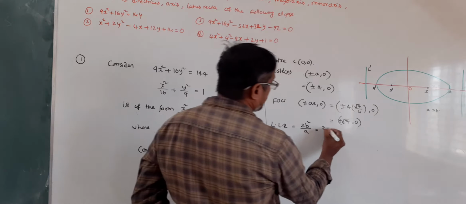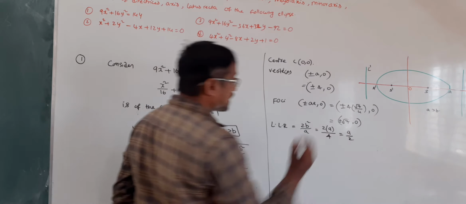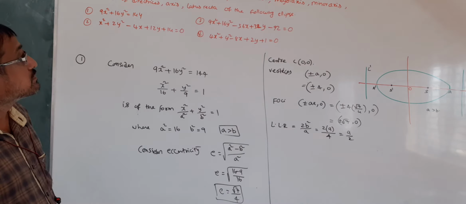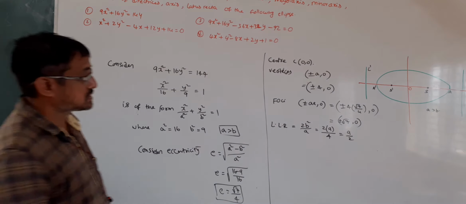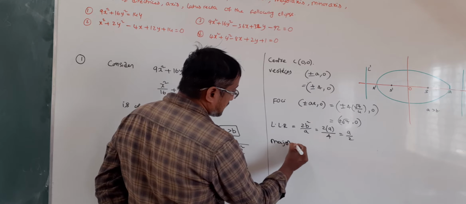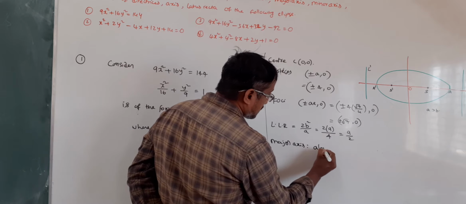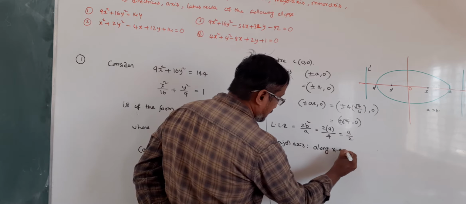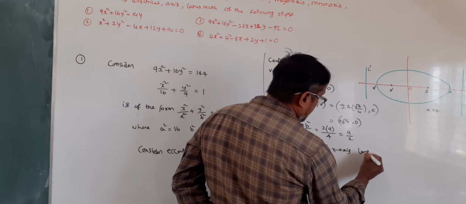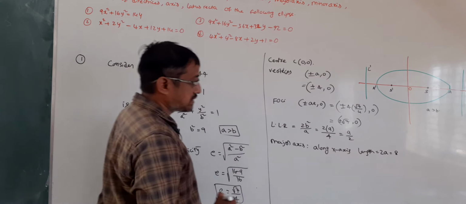So 2 into 9 by a is 4, so you will get 9 by 2. Next is the major axis, that is, the length of the major axis. The major axis is along the x-axis and its length is 2a, so it will be 8.